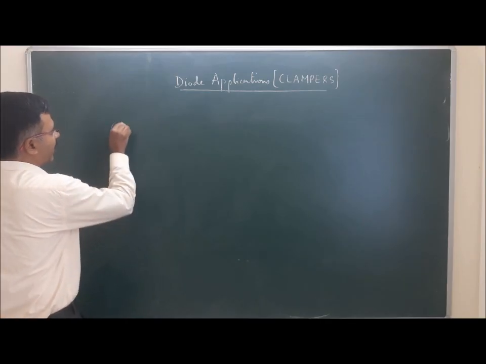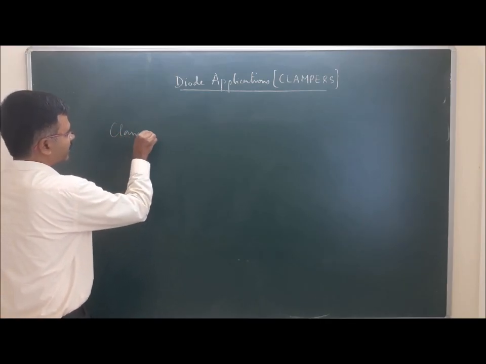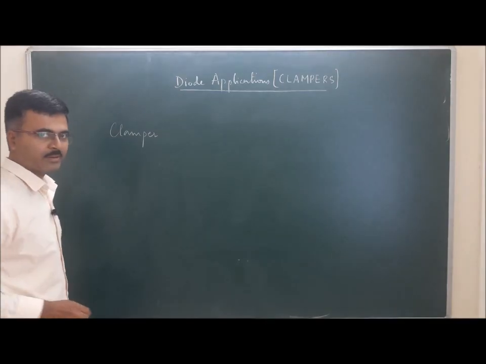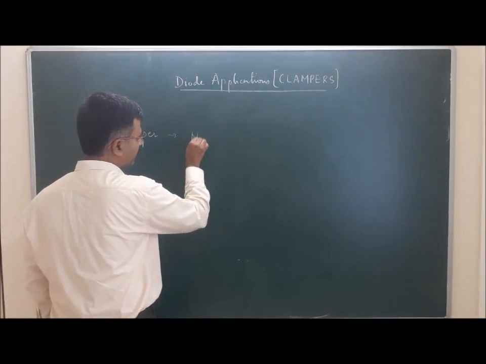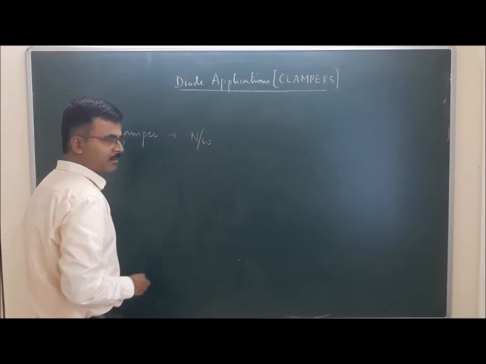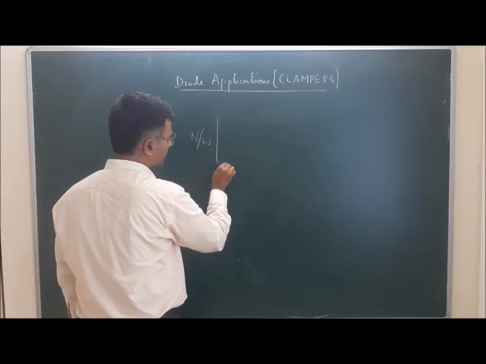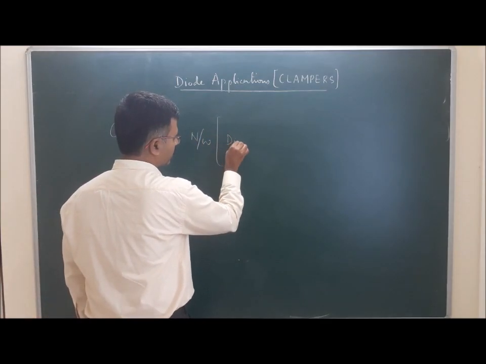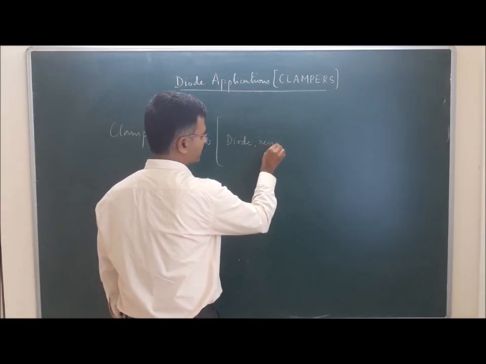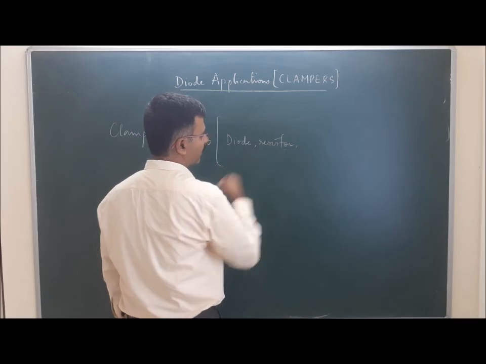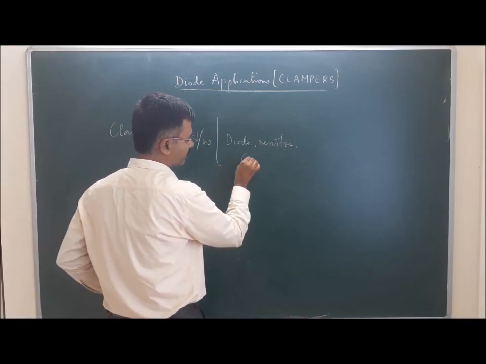As per the definition, a clamper is nothing but a network which comprises a diode, a resistor and a capacitor.